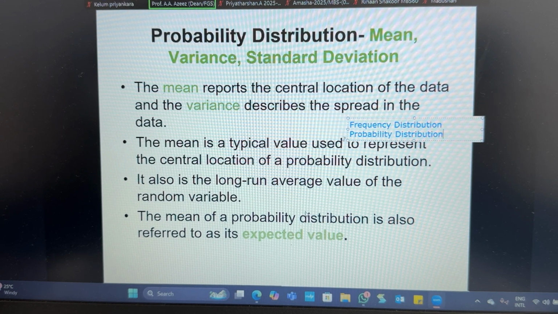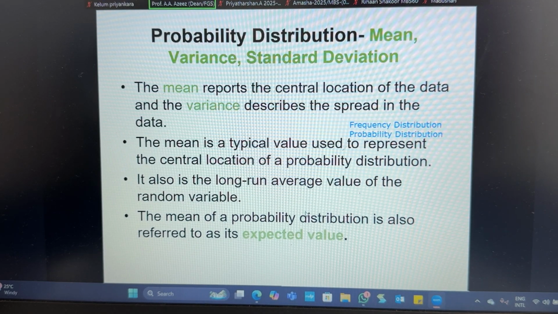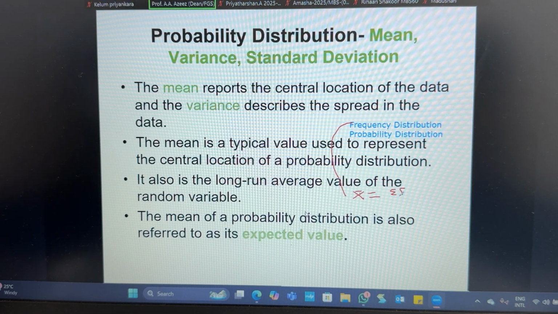Then we calculate the mean and standard deviation. For frequency distributions, x bar equals sigma fx divided by n.